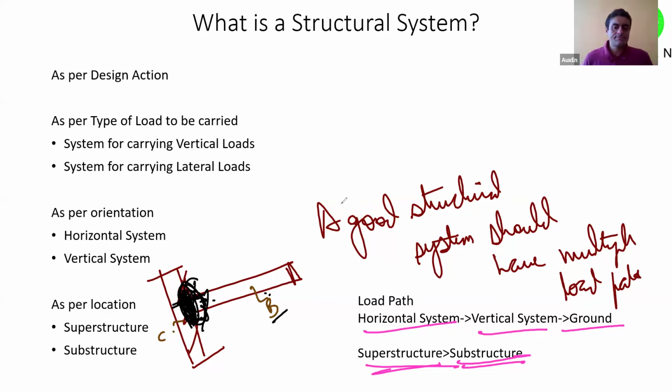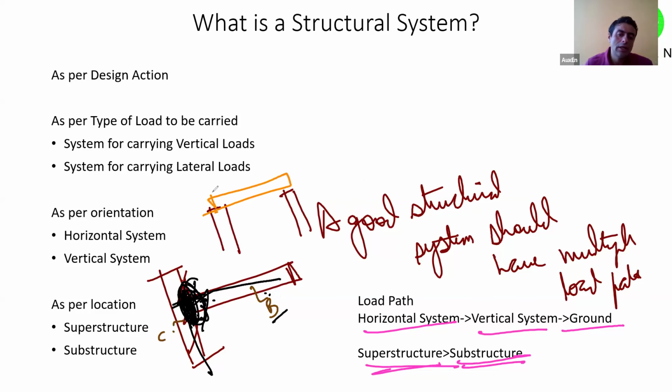Is this making sense? So this system only had one load path. So from cantilever beam to this connection to the column, this cantilever beam system only had one load path. But let's talk about two columns and I have put a beam on top of it. Now even if at this junction there was some failure, still it had a support over here.